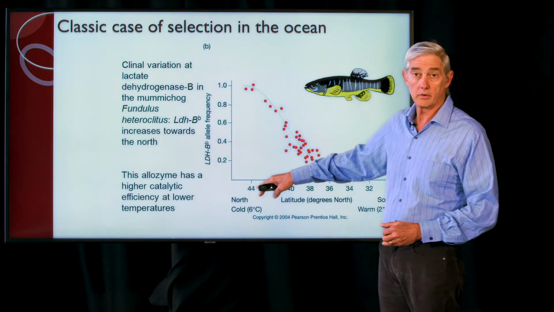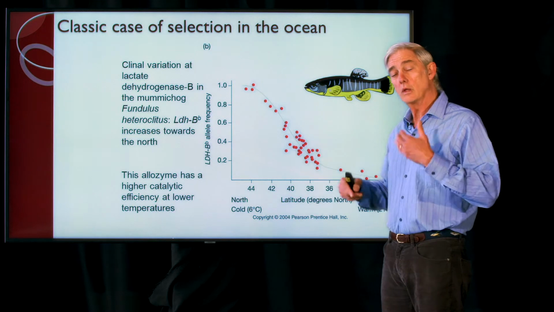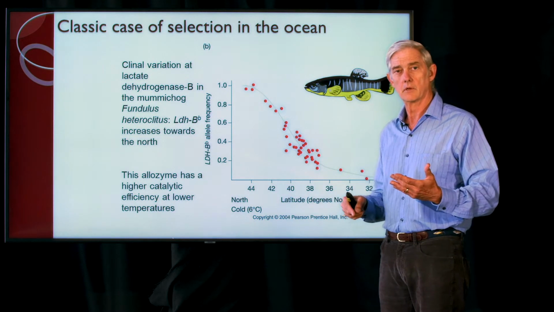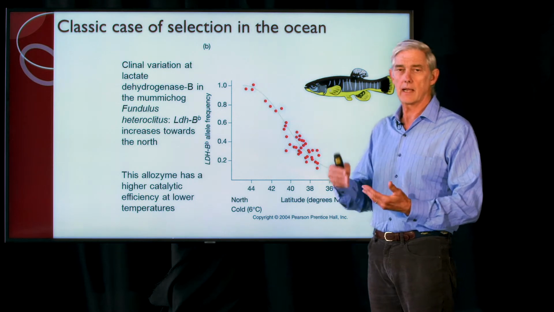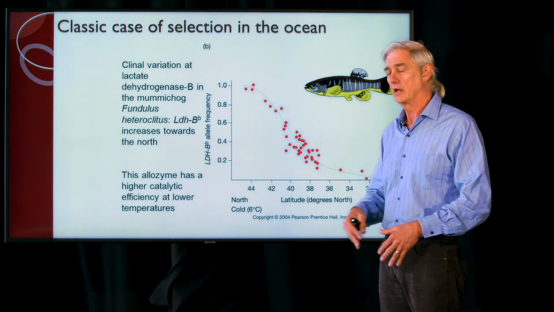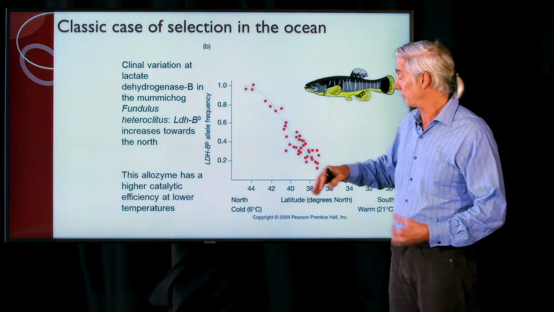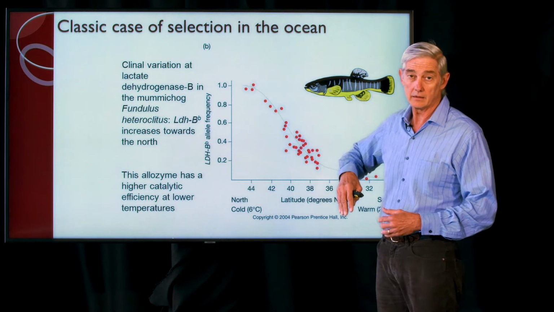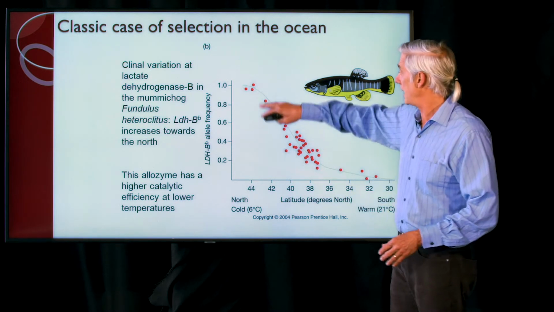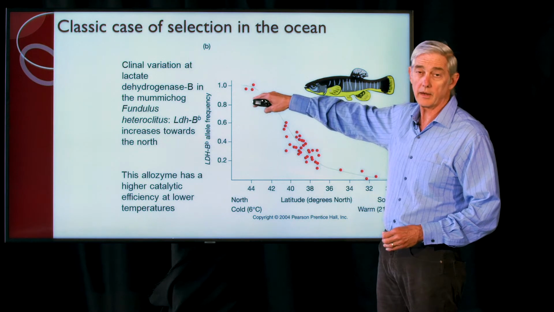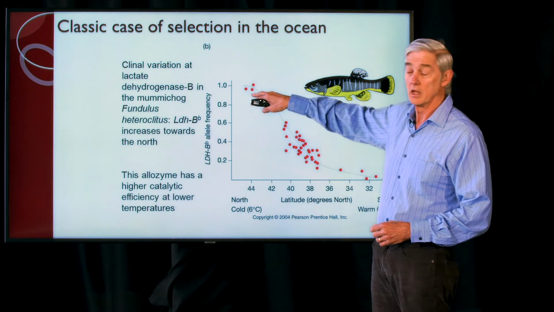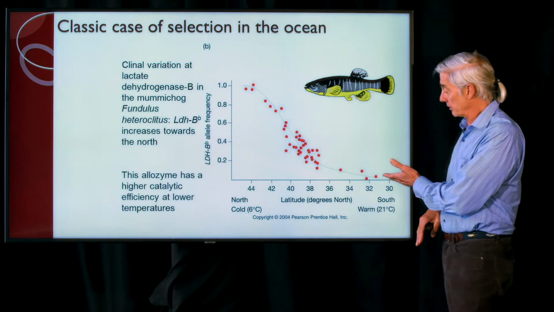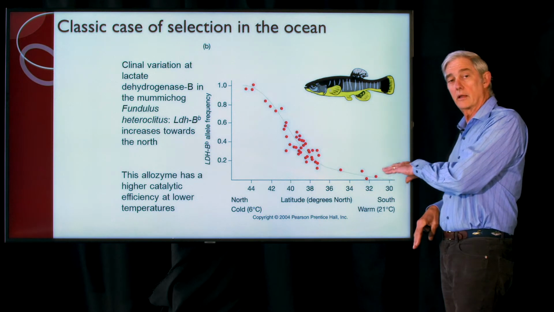And in northern environments, you see one particular allele, one particular genetic type of a protein called lactate dehydrogenase. And that protein, or that allele, is the B allele at this particular gene, and that particular allele is practically fixed in northern populations. But if you go down to southern populations, that allele is practically absent.